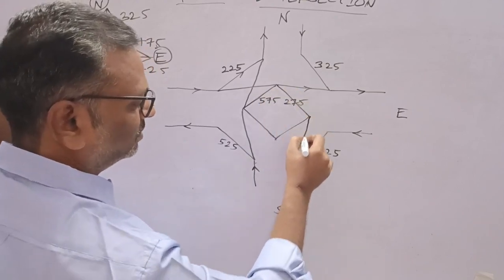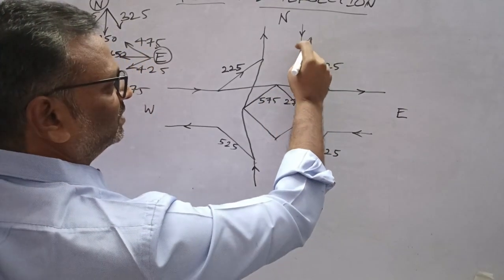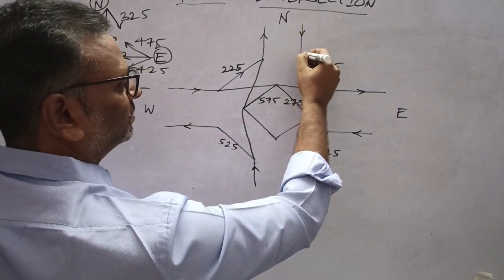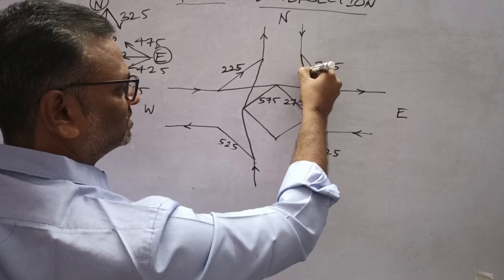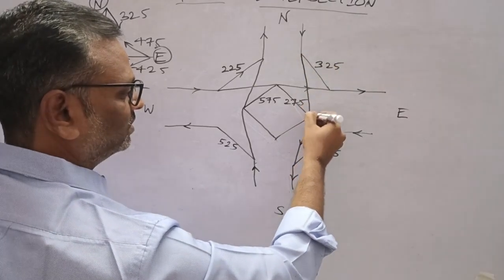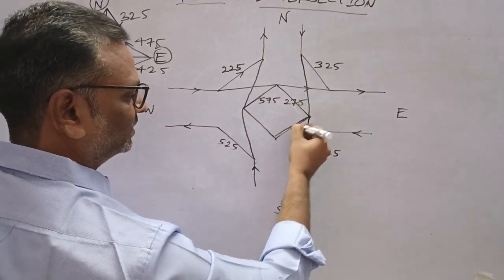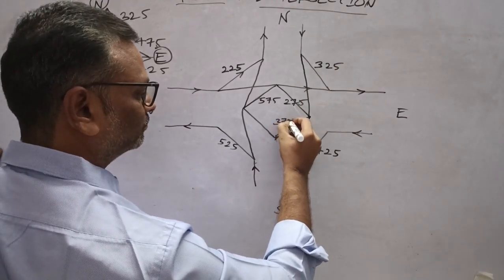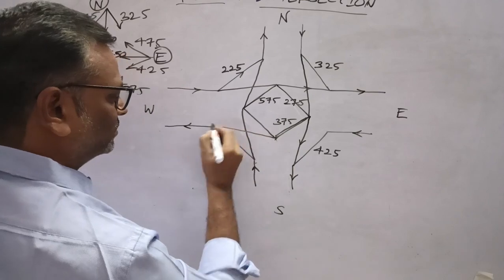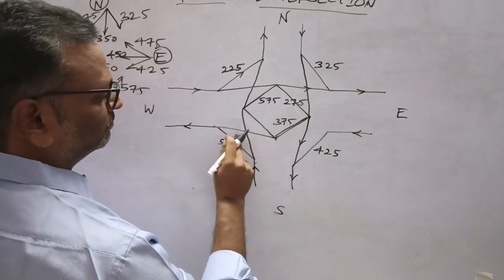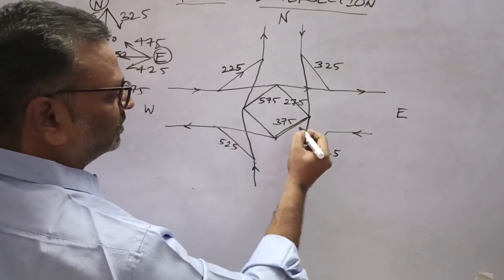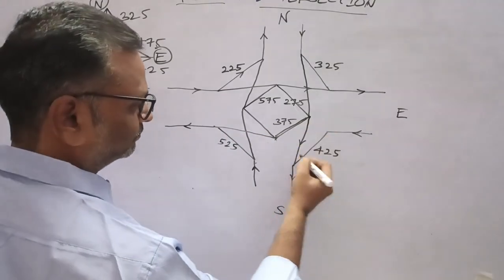It turns right and goes here. Similarly, this traffic 375 plus 350 comes here, and 375 goes like this and joins this traffic. Got it? And 350 goes here.